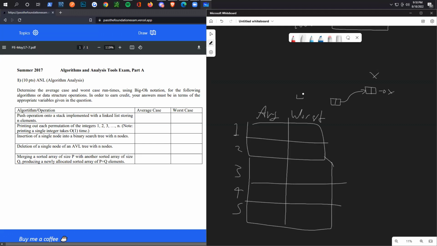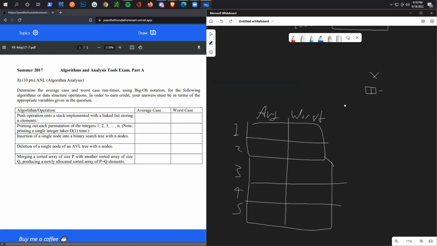And if we want to do it again, one last time, we create a node and set the next to the old top and set this to be the new top. So all we're doing is mallocing a node, setting the next pointer, and then changing what the top is. So all of that is O of one operation.